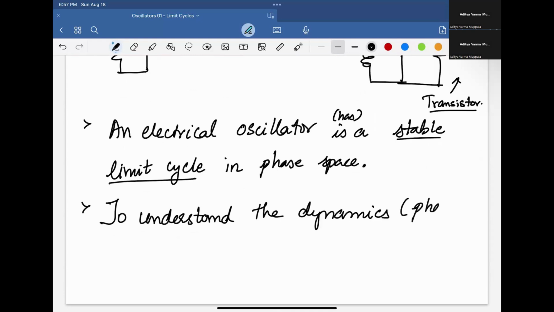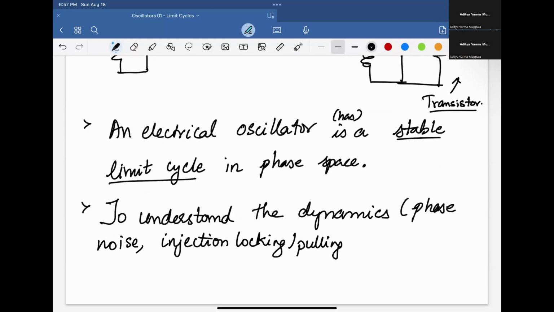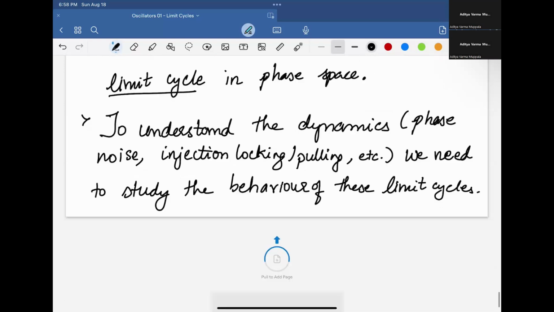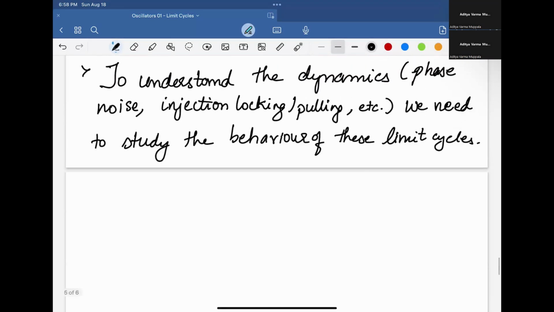Things like phase noise, injection locking, or pulling, all these phenomena. We need to study the behavior of these limit cycles. All right, so we actually need to study the dynamics of limit cycles.